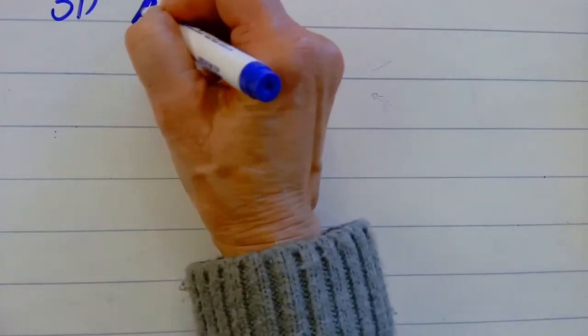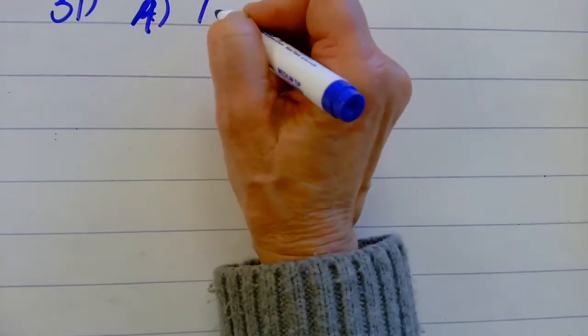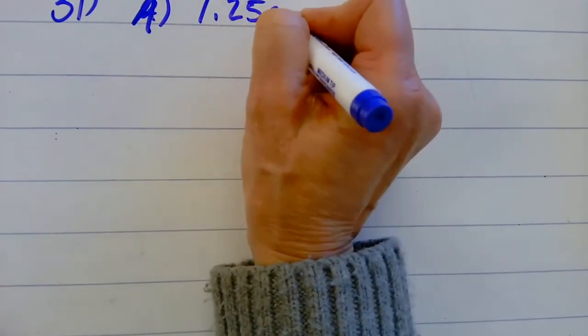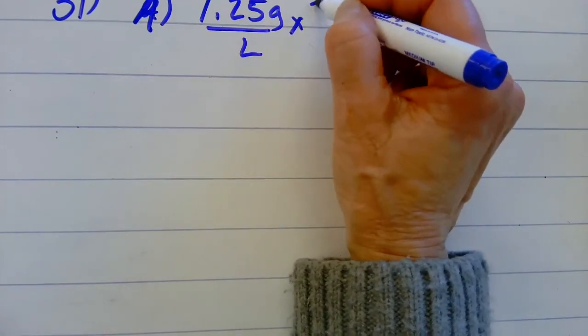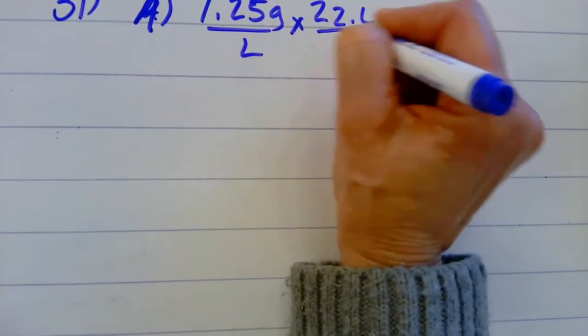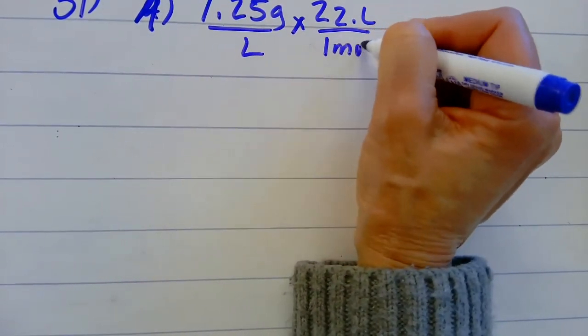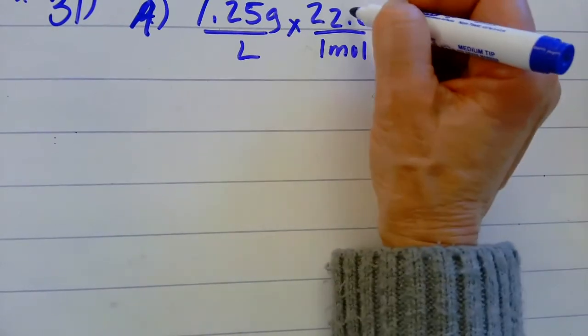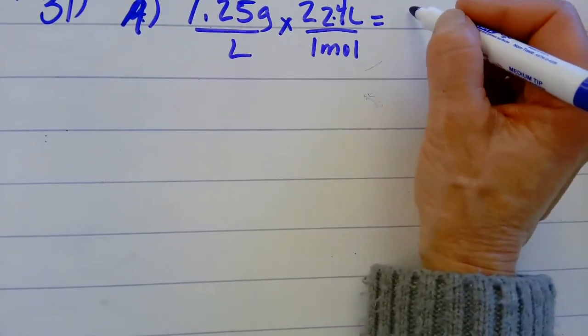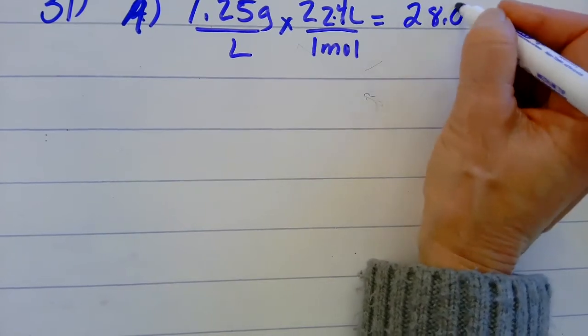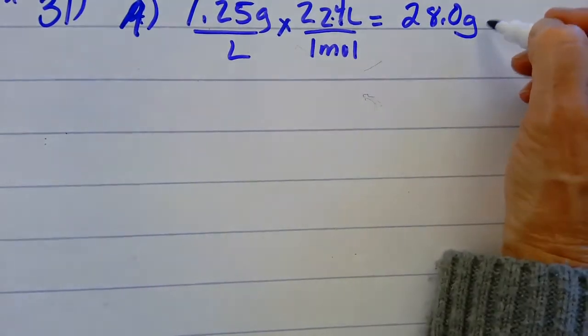Substance A had a density of 1.25 grams per liter. We want to know its molar mass by using 22.4 liters divided by 1 mole at STP, and we get a value of 28.0 grams per mole.